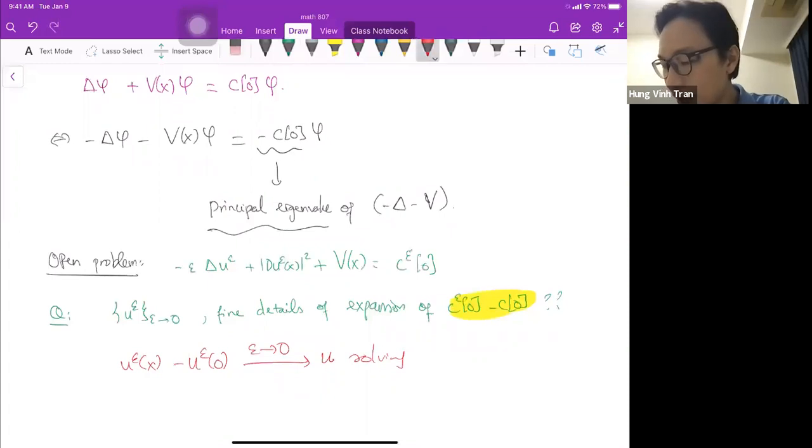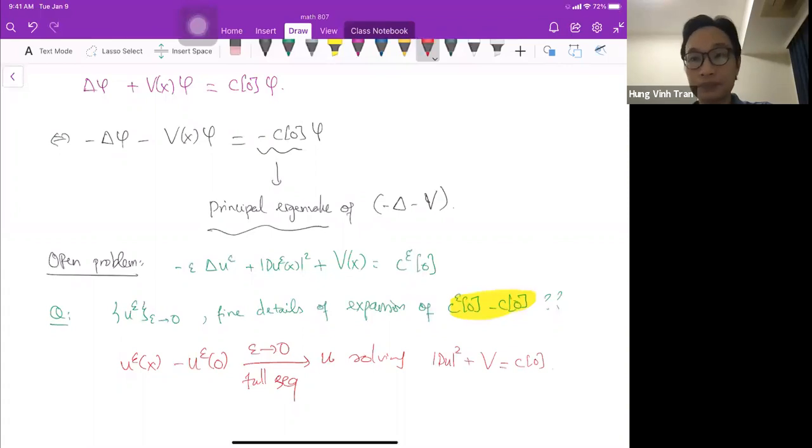Do you have that this one converges in the full sequence to a function u uniquely, so that it solves the limiting equation, which is a first order equation? I myself tried a lot and failed a lot. That's what I can say.